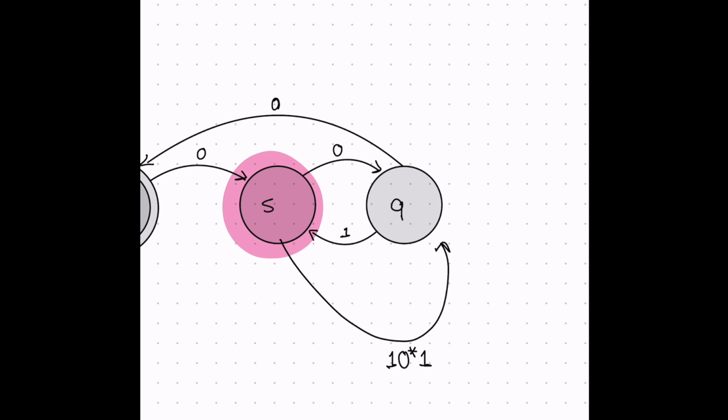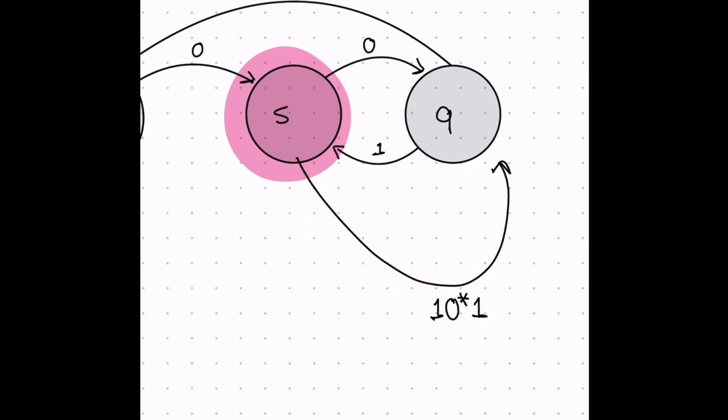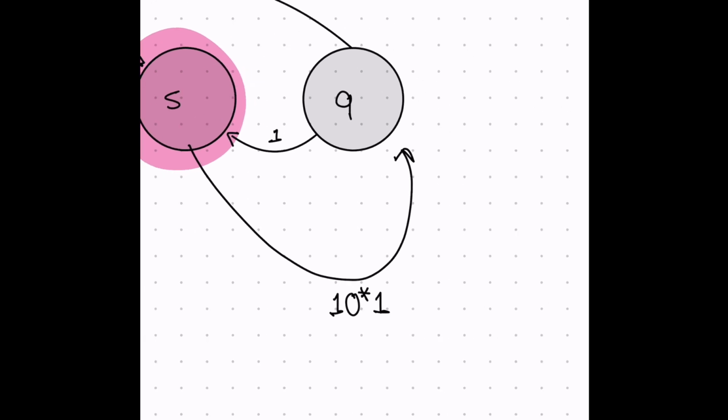Alright, so let's look at how we get from S to Q real quick. There's two ways. You can either get a string of just 0, or this string right here. So we can combine these two into just one arrow by adding or.